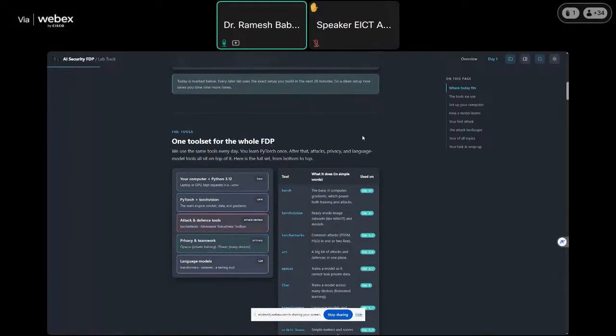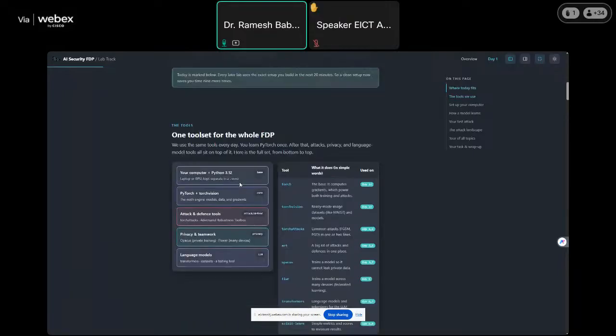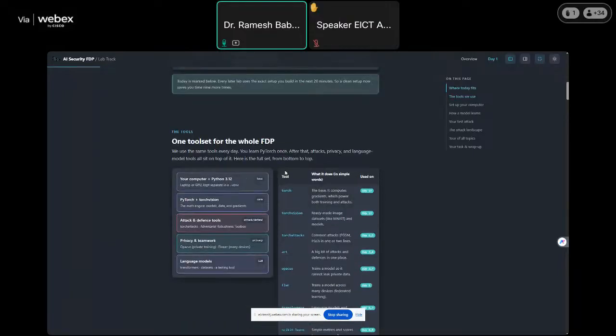Without delay, let's introduce the first section of today's lab, the tool setup and all the libraries that will be required for this entire FDP. First and foremost is your computer and your Python libraries.